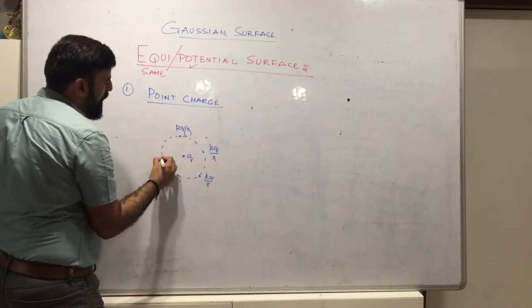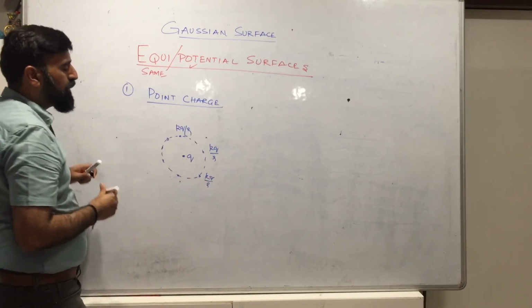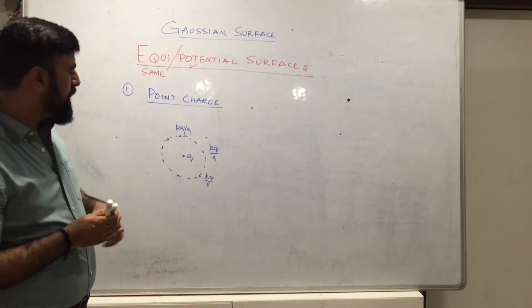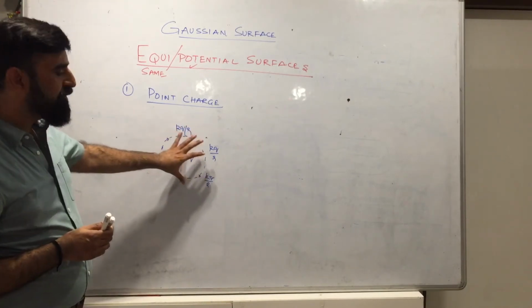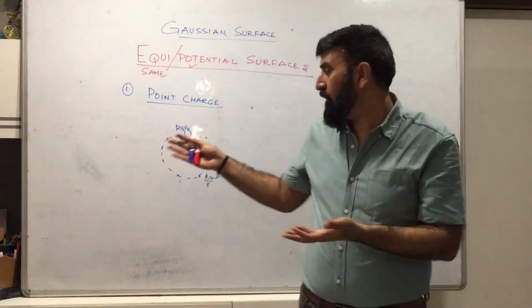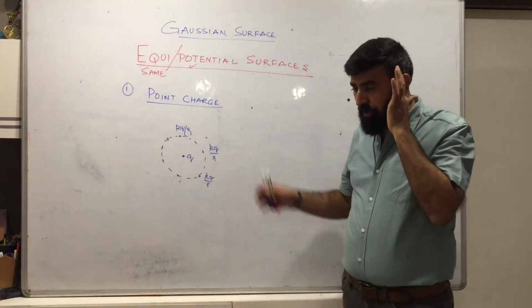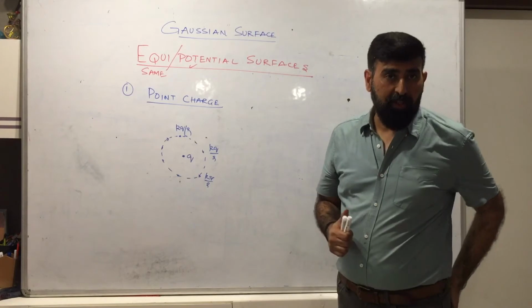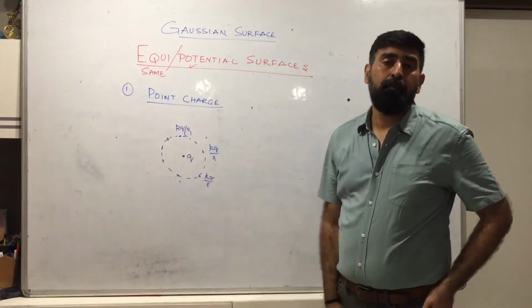At every point on this surface, the potential will be constant, isn't it? If I take a point charge, we'll have a spherical equipotential surface. And how many equipotential surfaces can we draw around a point charge? I think we can draw infinite equipotential surfaces around a point charge.